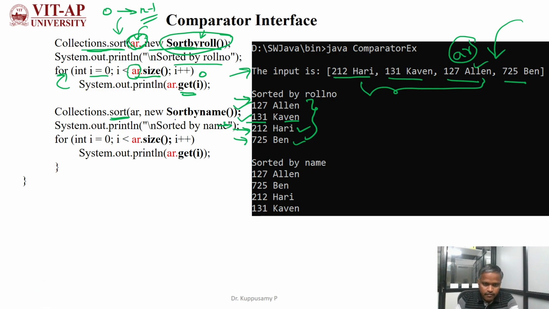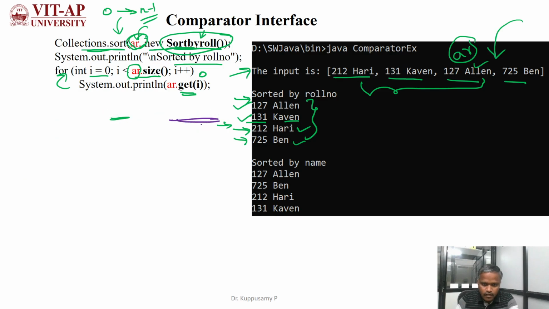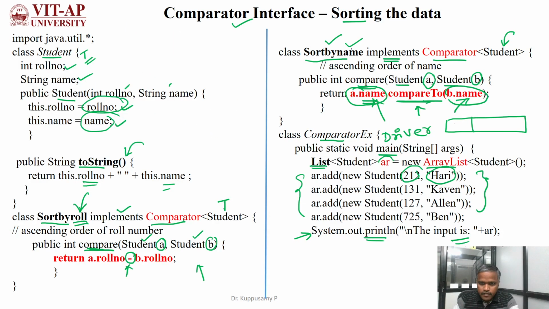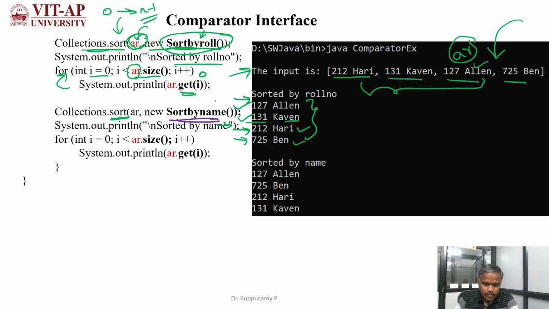Here we defined SortByName. Look at here, we defined the class named SortByName. Based upon that, we are going to sort the data by using the class as an object, right? So we sort the user-defined objects with respect to the names. Then after sorting I am displaying the data here.